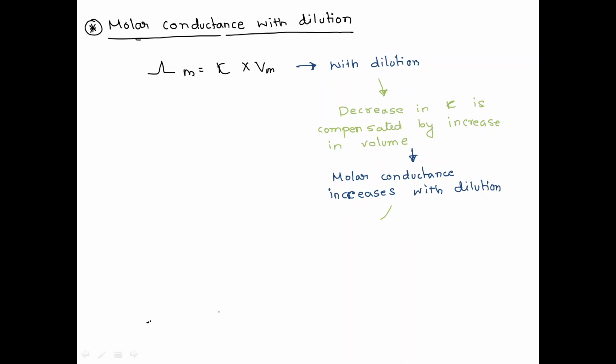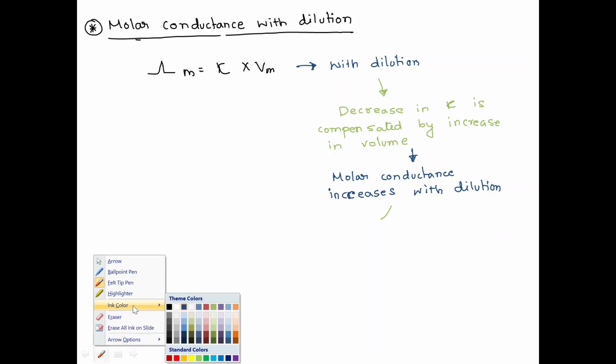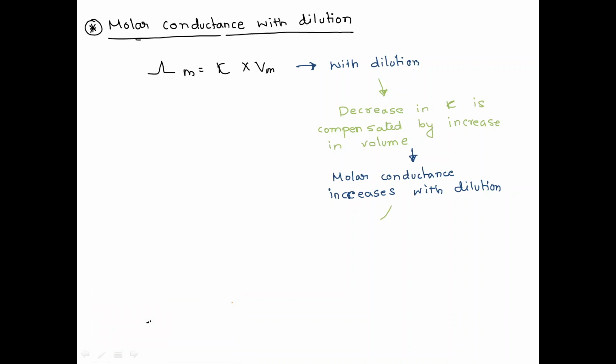I repeat the reason: molar conductance lambda m is equal to kappa into Vm. Kappa is your conductivity, and Vm is your molar volume.